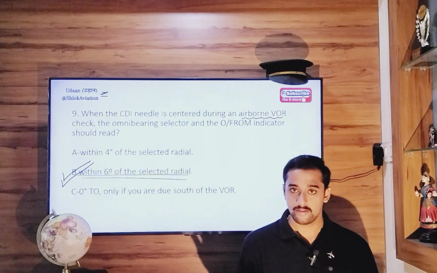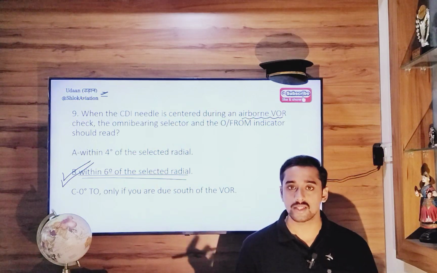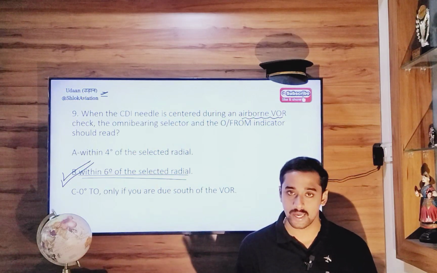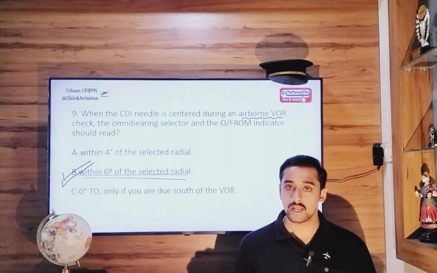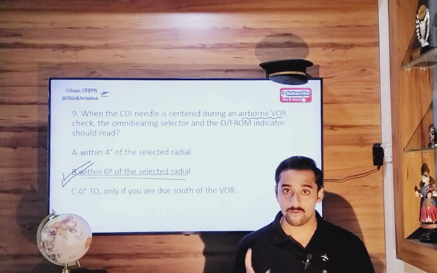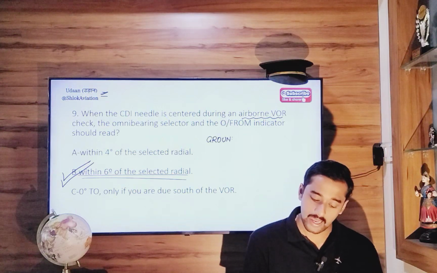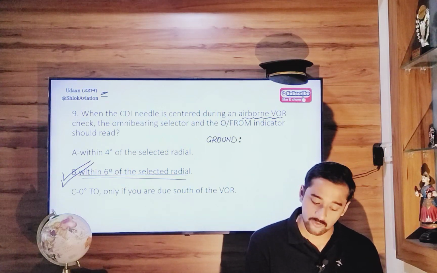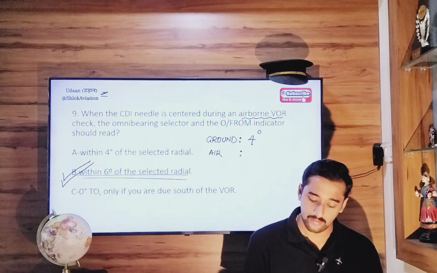You can take any radial, 180, 360, 270, 245, whatever radial you take, it should be accurate within 6 degrees of that particular radial for an airborne check. If you are making a ground VOR check, the tolerance limit is 4 degrees. For an airborne check, it is 6 degrees.